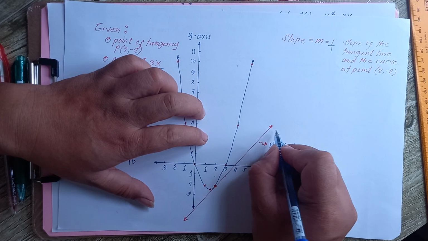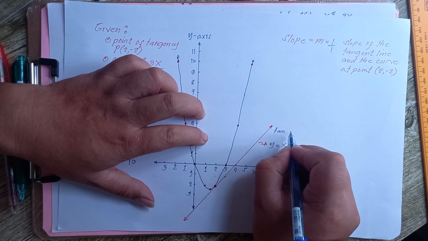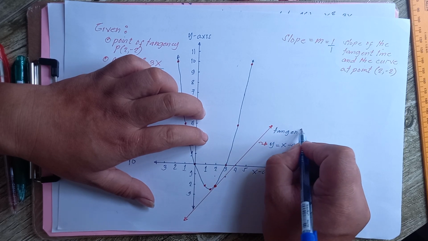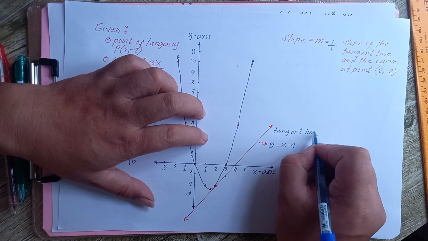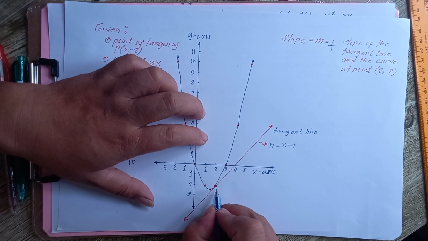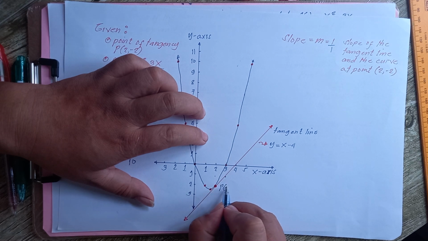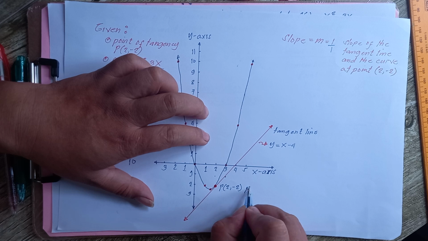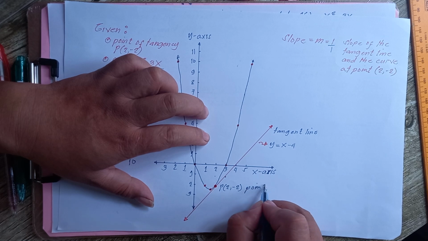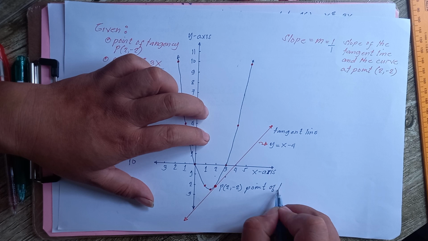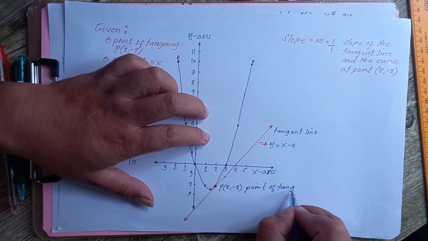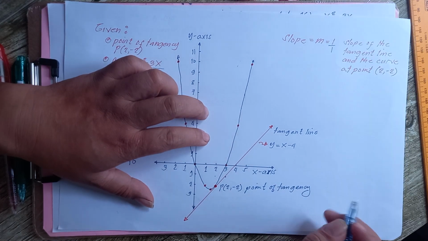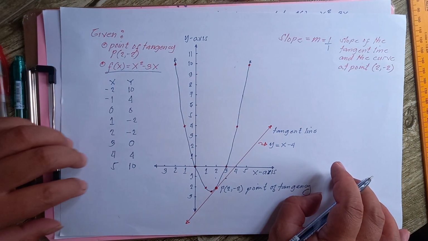So this is our tangent line. Where is the point of tangency? This one. This is the point of tangency, 2 and negative 2. That is the point of tangency.